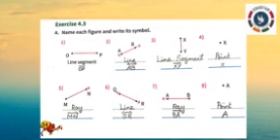Number 6, QR. QR is a line because it has no beginning and no end. In symbol, an overbar with arrowheads at each end over two letters, that is QR. Number 7, BA.